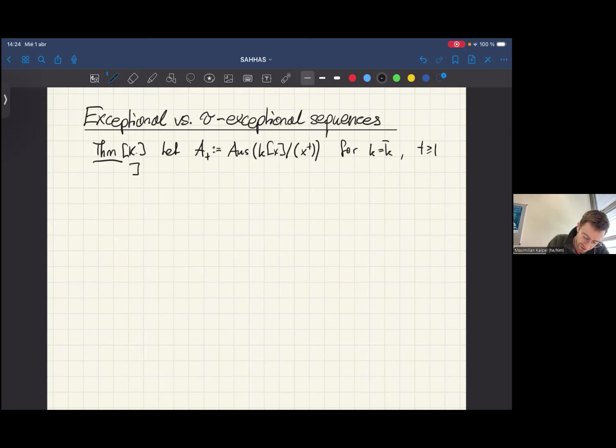Then the result says that there exists a commutative diagram of the following form. On one side, we have basic tilting A_t modules.